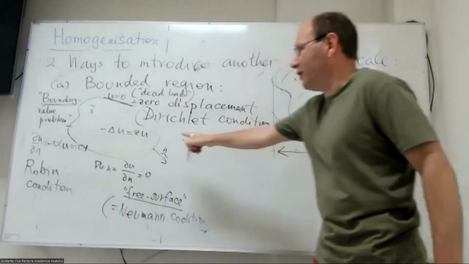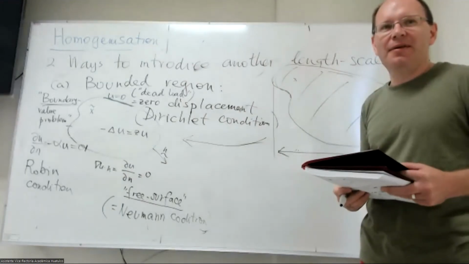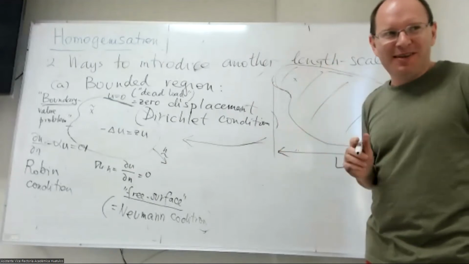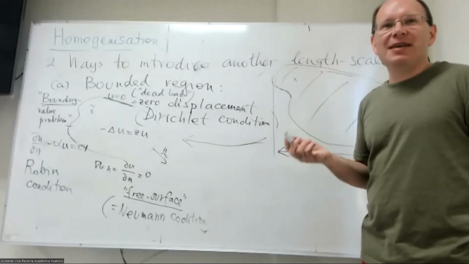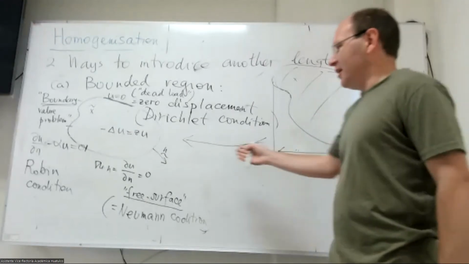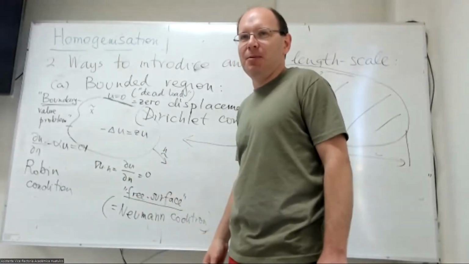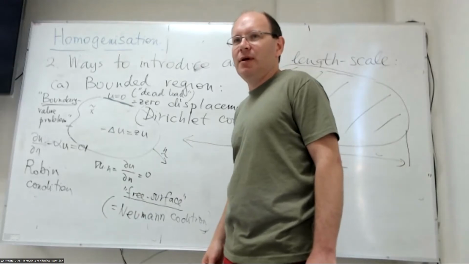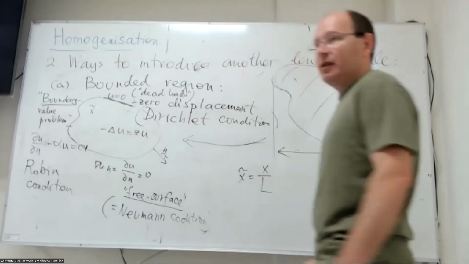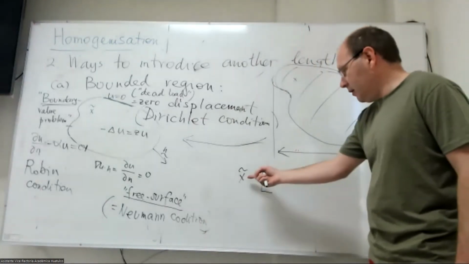So how do I get from here to here, given that they have the same shape? They have the same shape, but have different sizes, right? In fact, different sizes don't make sense here, because what I'm going to say is that this region has a size, and that region also has a size, but not measured in meters anymore, right? So what I'm going to do is write x tilde equals x over L, and that's going to hide my length scale somehow.